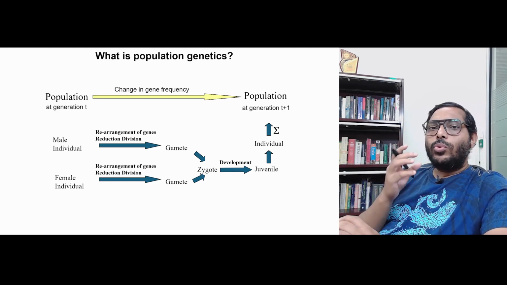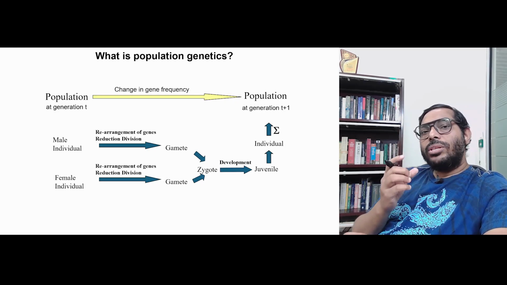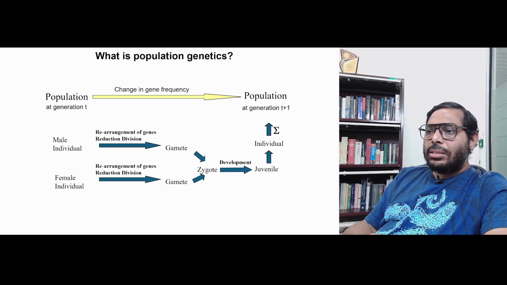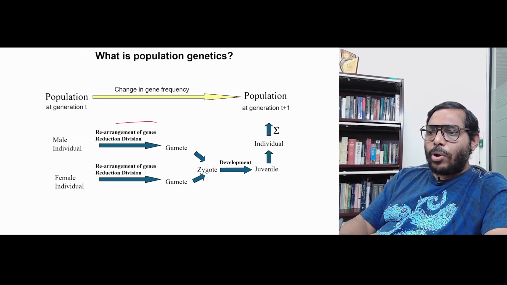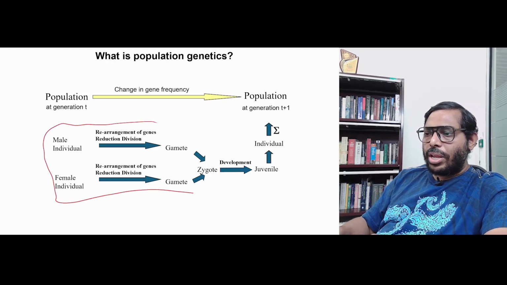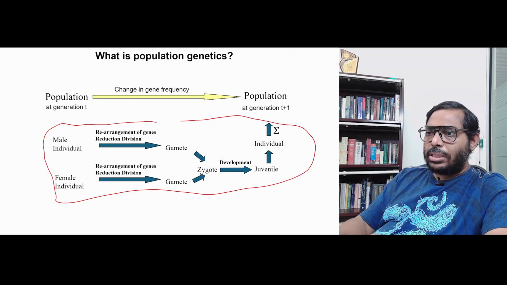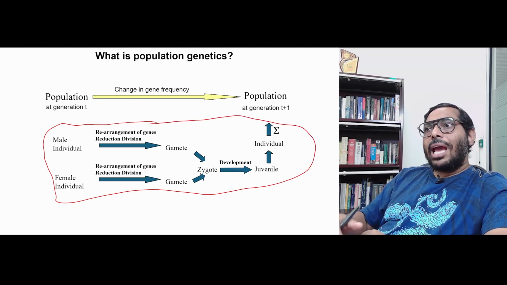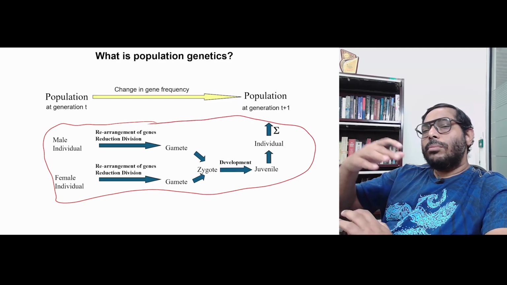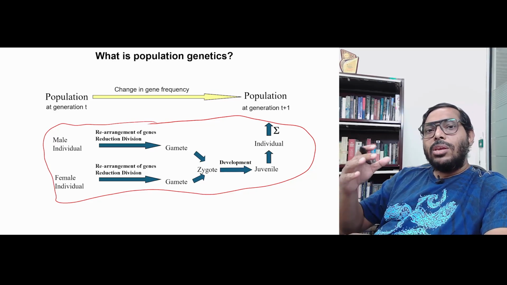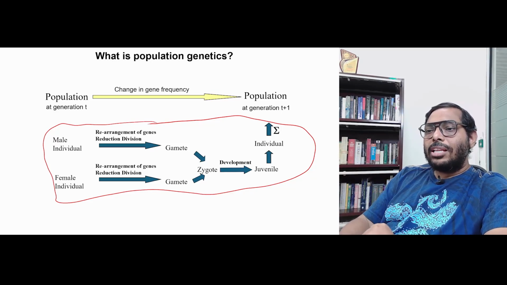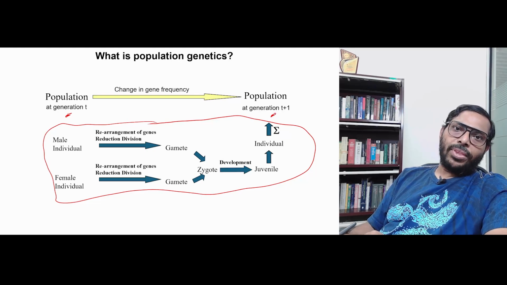So, what you need to do is come up with a way by which this entire process happening at the level of the family can be somehow abstracted out such that you can go directly at the population level from generation T to T plus 1.